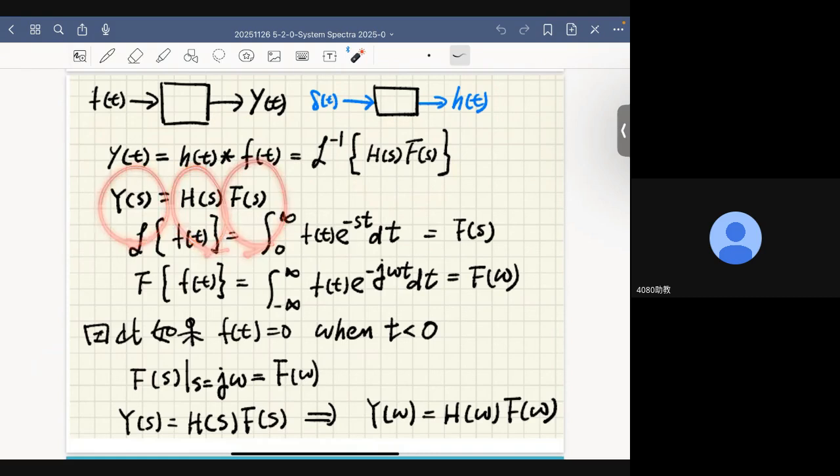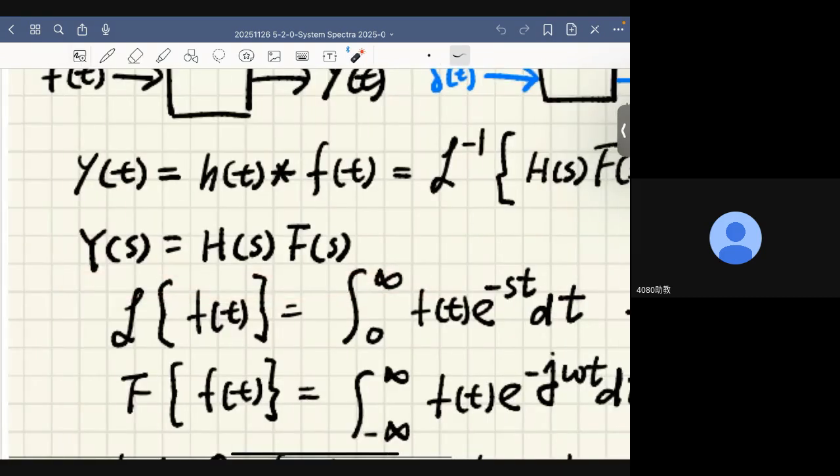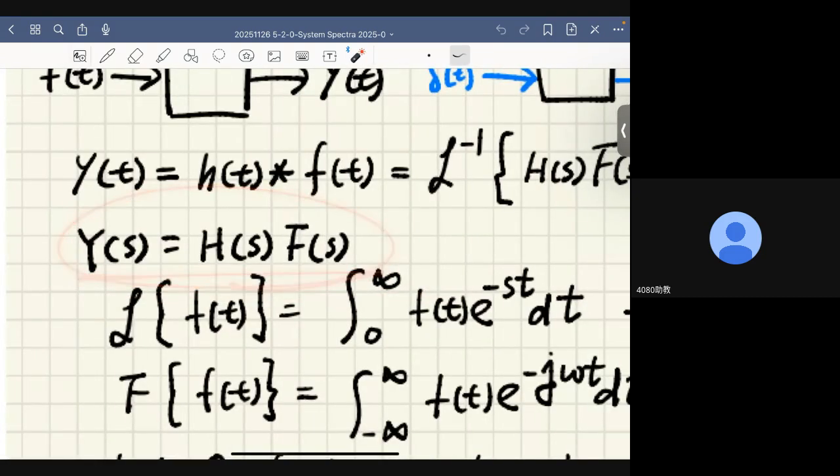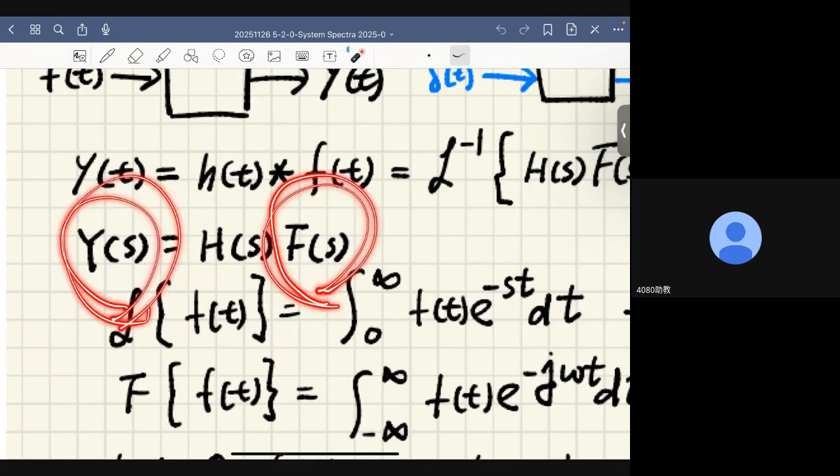Remember that I told you this is an amazing result, a wonderful equality, because by using this simple equation, you can easily relate the interaction between input and output.